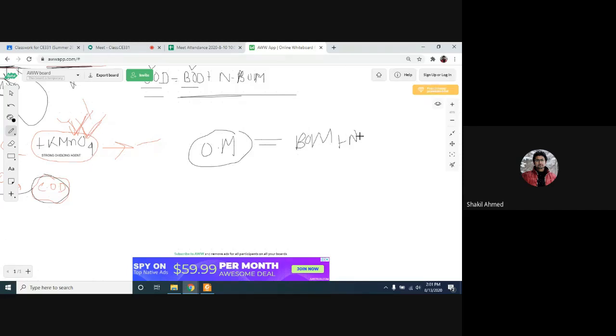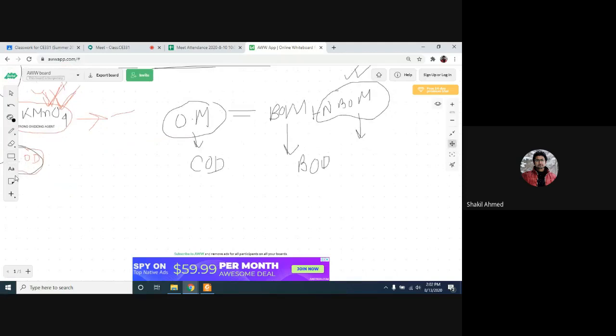Biodegradable organic matter can be represented as BOD, and non-biodegradable organic matter can always be calculated by COD minus BOD. That is non-biodegradable organic matter, right? COD minus BOD is this, right?